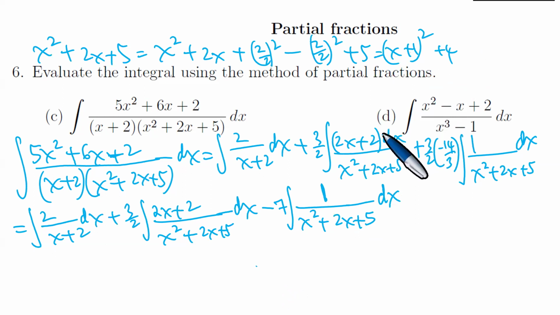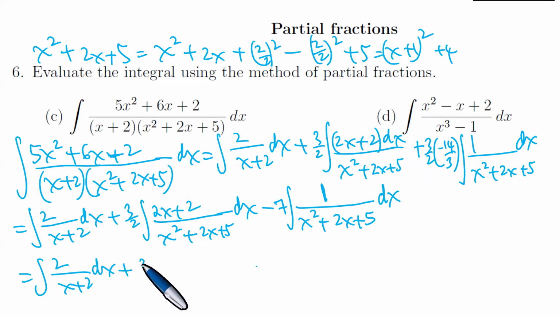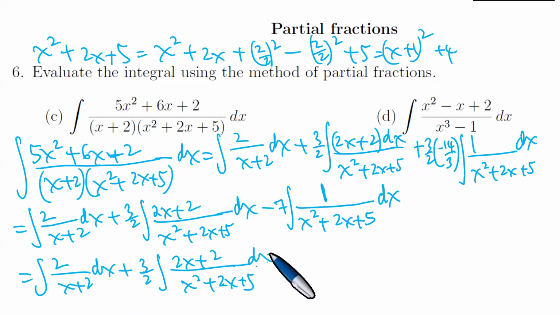And this takes us back to the arctangent, 2 over x + 2 dx, 3 out of 2. The integral of 2x + 2 divided by x squared + 2x + 5 dx minus 7.